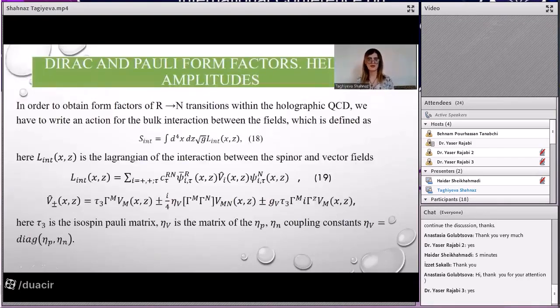Now we define the Dirac and Pauli form factors and hence the amplitudes for Roper nucleon and nucleon transitions.